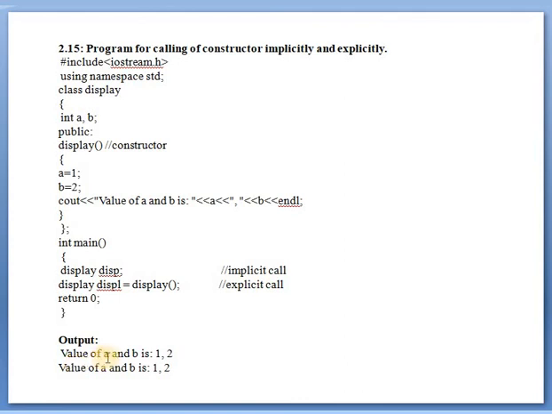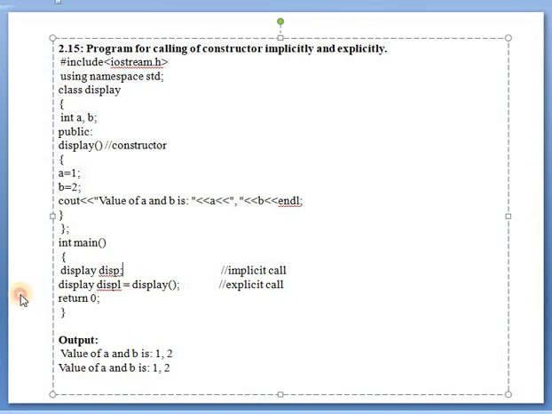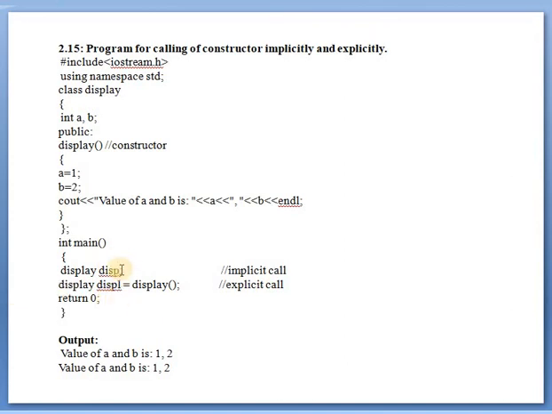See here the output: value of a and b is 1 2, value of a and b is 1 2. Why? Because first, after creating the object, the constructor will be automatically executed. So here it will display the value of a and b is 1 comma 2, and after the explicit call of that constructor, it will again print the value of a and b is 1 and 2.